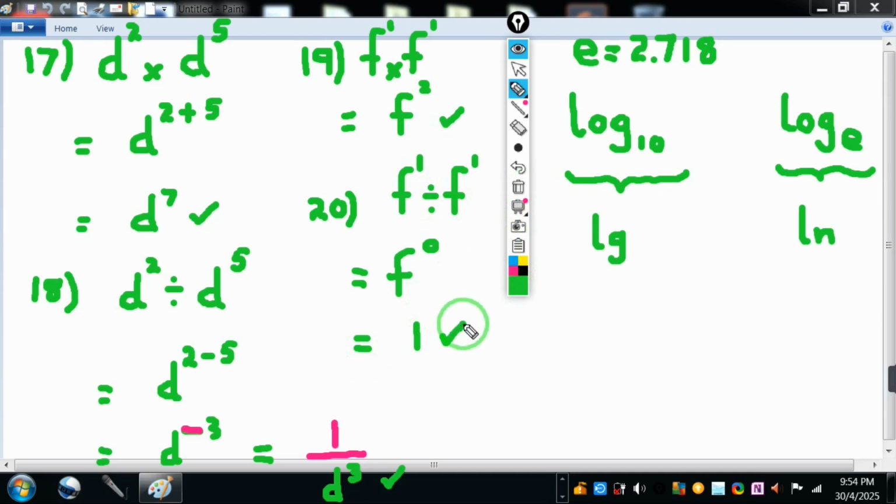Now let's go to number 21, which is, suddenly we jump from F to M. M minus 3, M minus 4. That's how we say in the class. In my maths classes, we'll say M minus 3. It doesn't mean M minus 3. No. Don't you ever think like that.